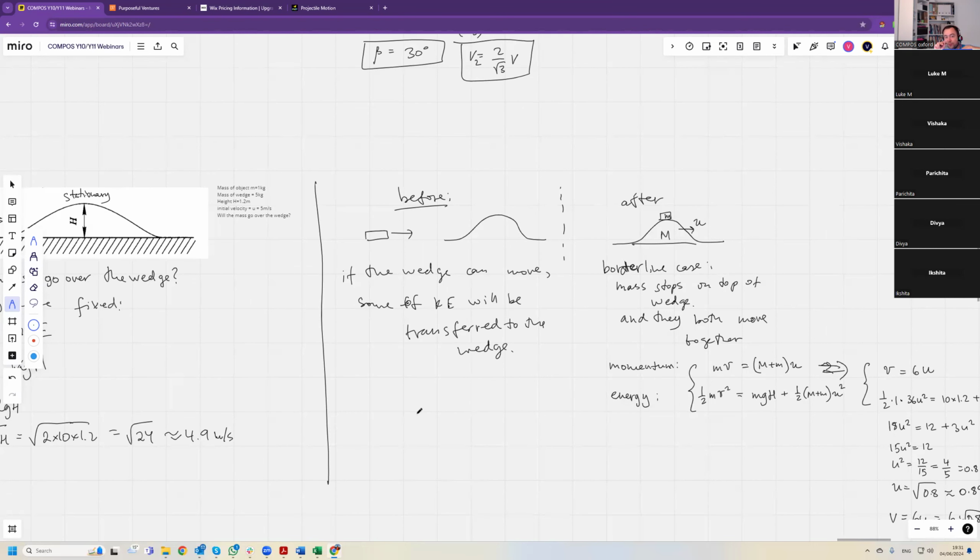Anyway, the wedge would stop. That's the important part. The wedge would stop.